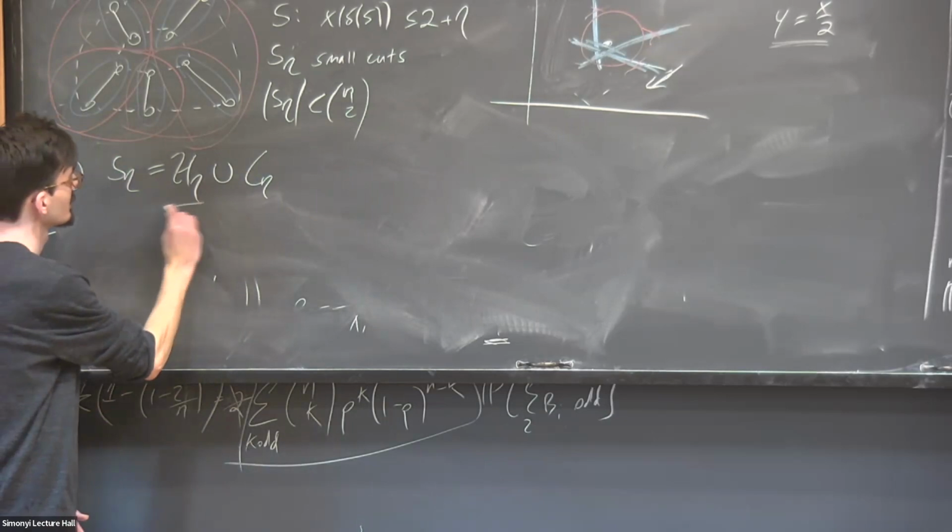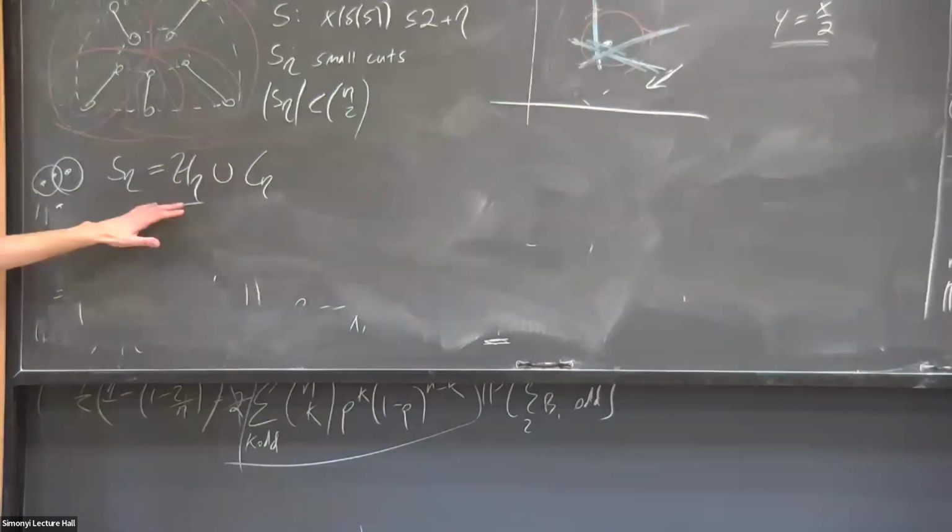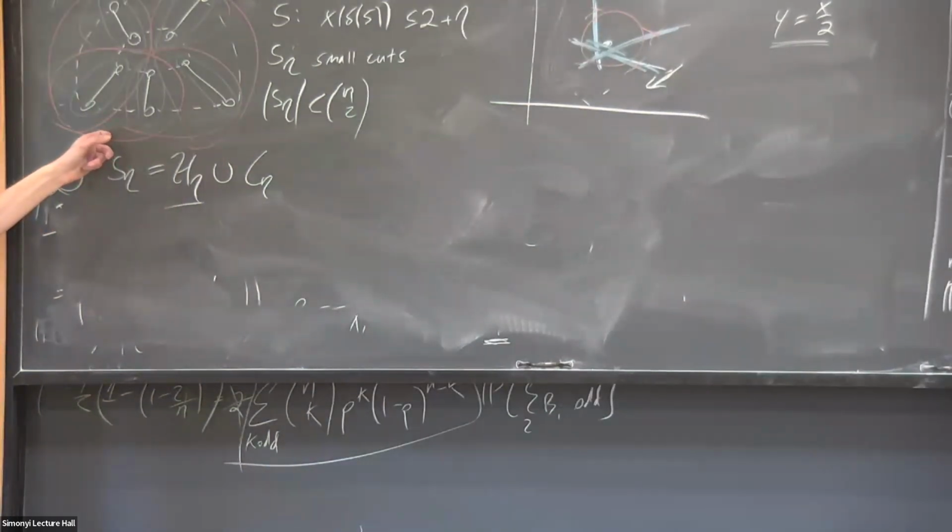Can you repeat the definition of each set? Yeah, so H sub eta is the set of cuts, the small cuts in this graph, that are not crossed by any other small cut. But what do you mean? This is just one graph. You want it to work for all. Yeah, so you look at the set of small cuts in your support graph, and you take in H eta every small set that's not crossed by another small set. Okay. And C of eta is all the other small sets, yeah.